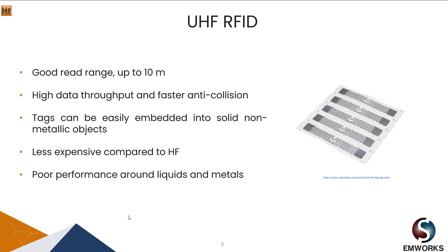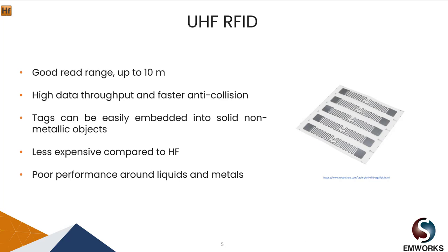Alright, so let's talk about UHF RFID. UHF RFID has gained popularity in the last few years due to several factors. First, it has a long read range; it can go up to 10 meters. It also has a high data throughput and fast anti-collision. For instance, the RFID reader can scan more than 100 tags at a time.